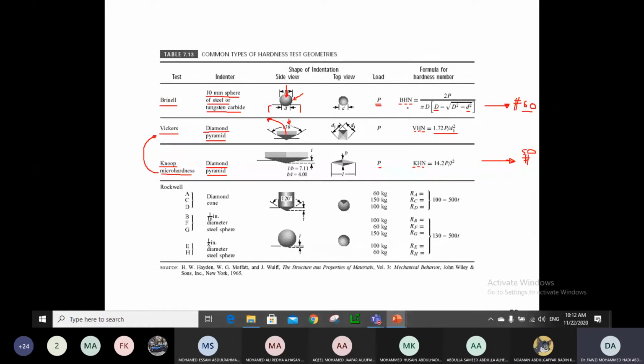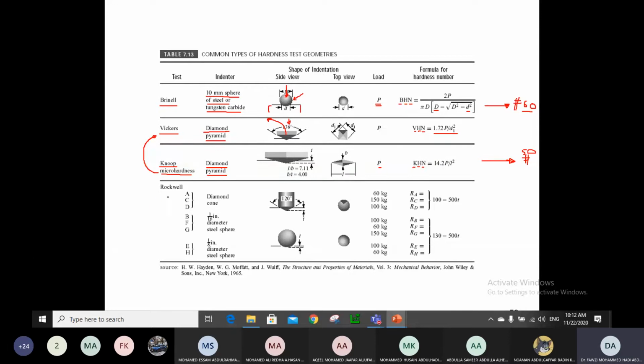In addition to all of that, the equation that you're using to determine the indentation is based on something else. All those actually tell you, no, we cannot compare any of these with any of these. Not only is this micro hardness and this a hardness test, but in addition you have all the differences which I have mentioned previously.